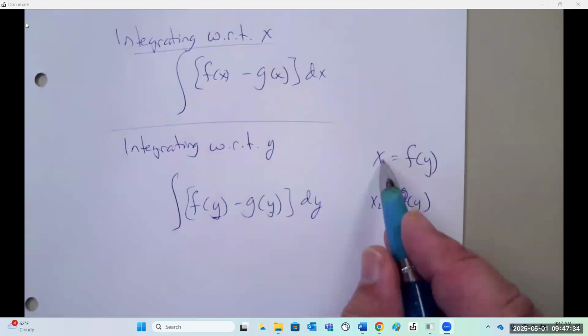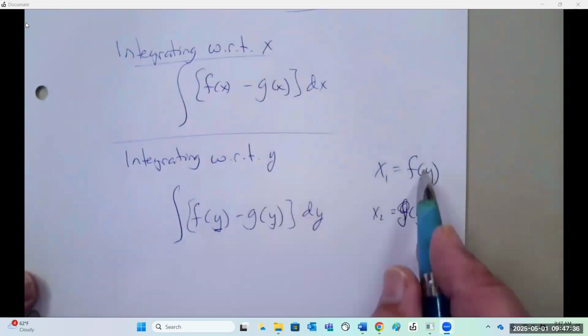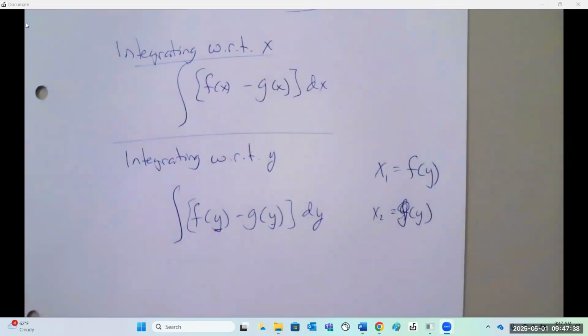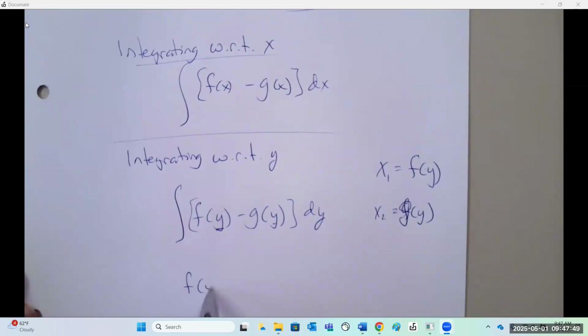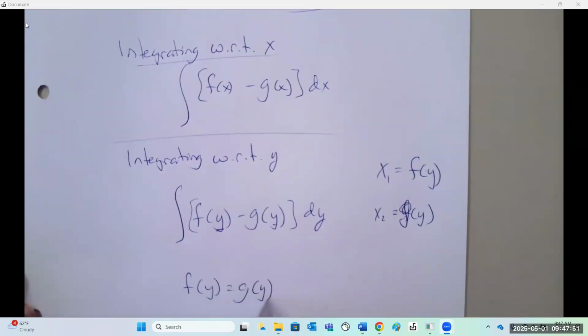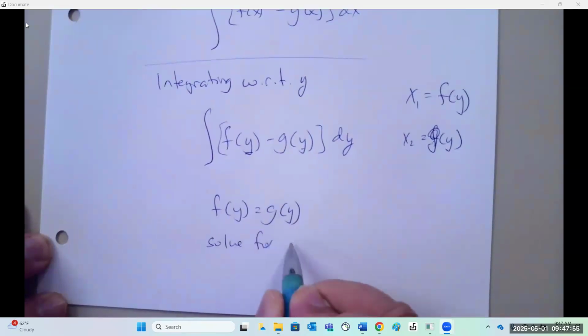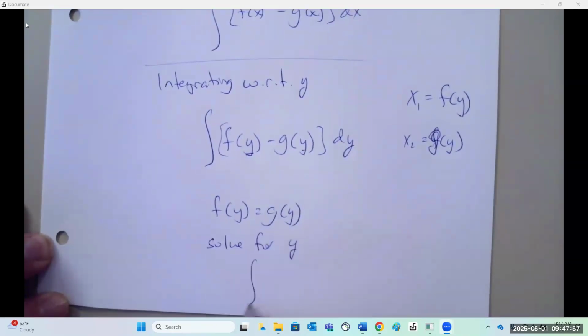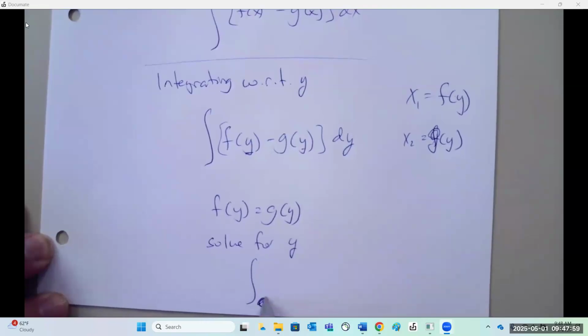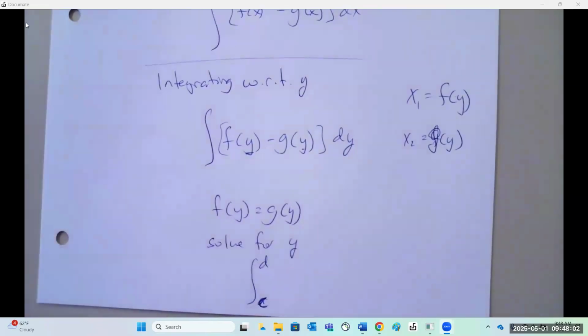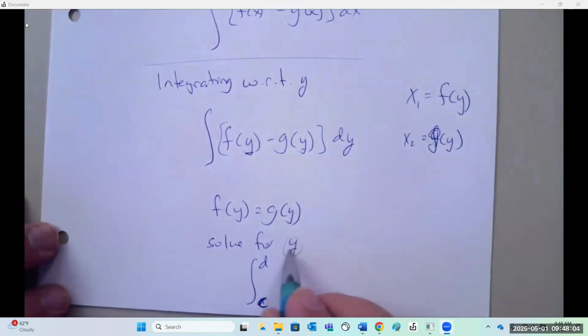Not only do you solve for x, you also have to see where it crosses, or what bounds you're looking for. The same way, we'd set f of y equal to g of y and solve for y. Those will give you the c and d. The y values will give you those.